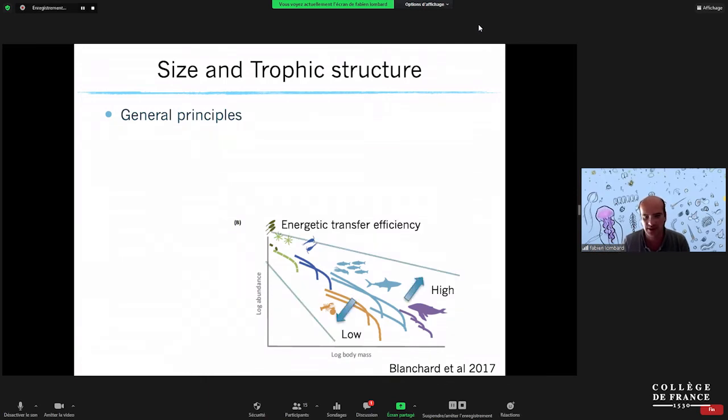And that rule has interesting properties, such as the slope of that relationship. If we have ecosystems that have a very high abundance of small guys but a very low abundance of large guys, that means there is a very low transfer of energy from small to large organisms, if we take the assumption that large eat the small ones. And of course, if there are a lot of big ones compared to the small ones, then we have high efficiency of transfer of energy along the trophic chain.